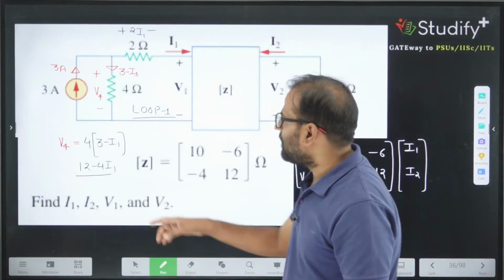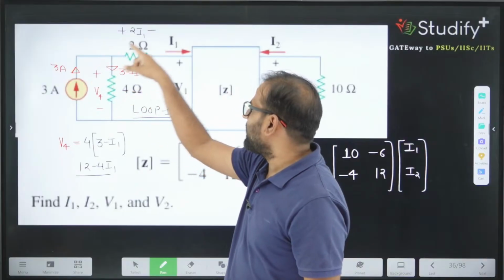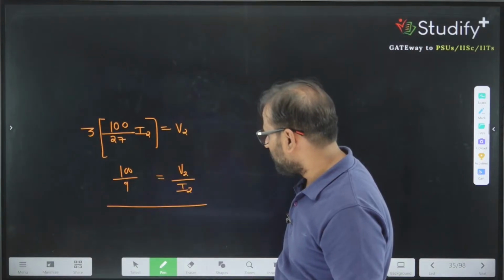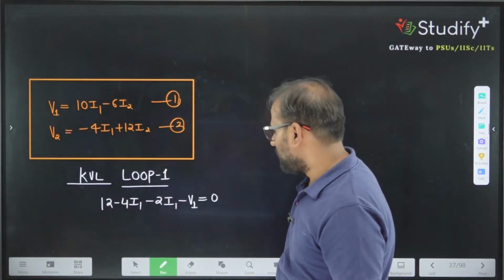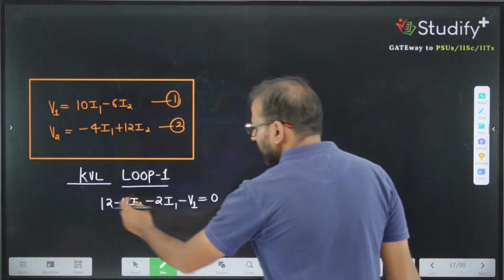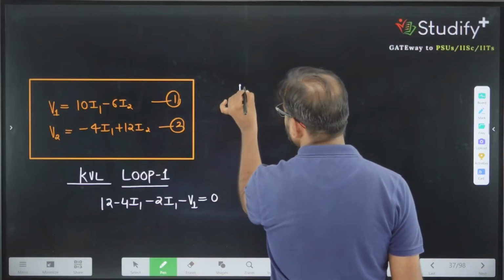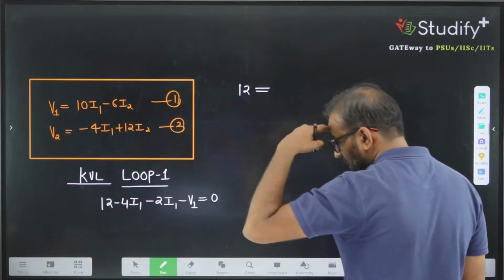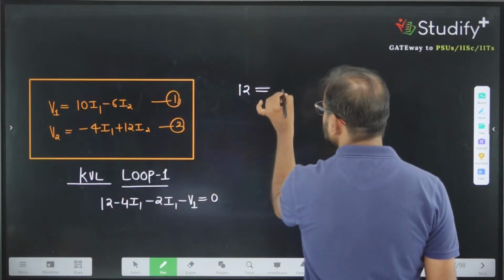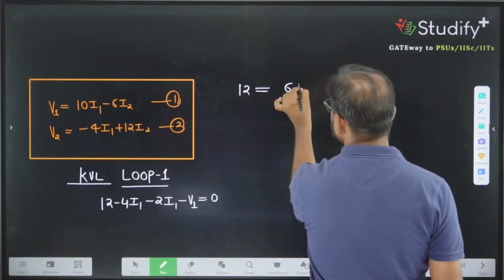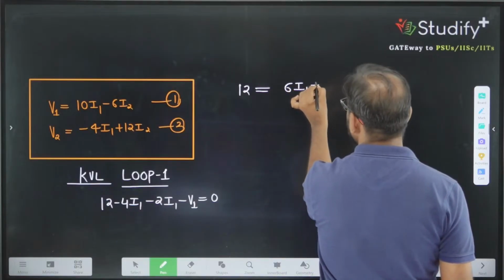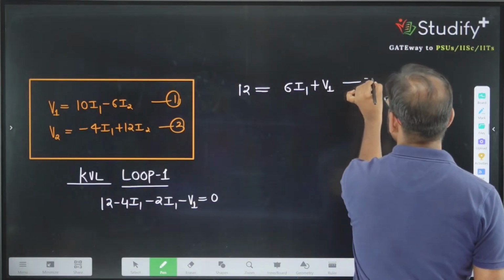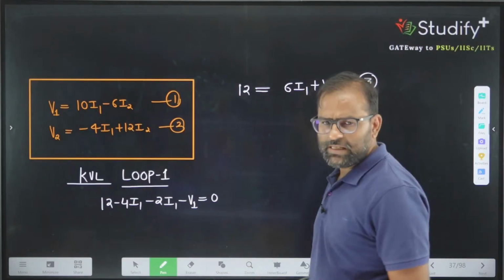That is V4 minus 2I1 minus V1. So we have the relationship 12 equals 6I1 plus V1. This is equation number 3 from the network.